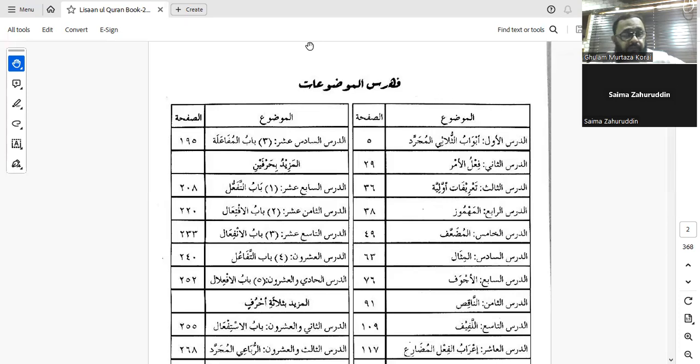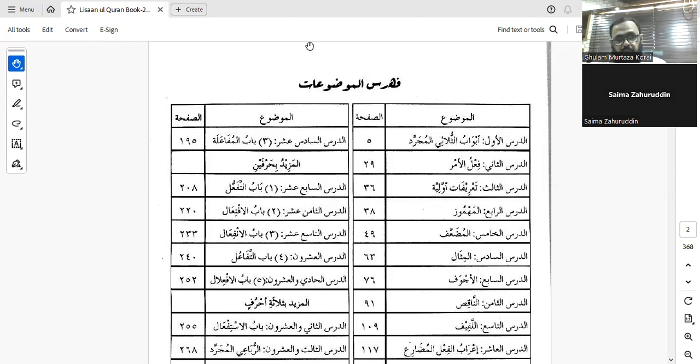We also discussed how to make Fi'l al-Amr and from what sigas the Fi'l al-Amr is made and other details: Fi'l al-Amr, Ma'lum, Majhul, and many things. Then these are the Haft Aqsam, like Ta'rifat, then Al-Mahmuz, where Hamza is part of the verb, Mahmuz al-Fa, Mahmuz al-Lam, Lafif.